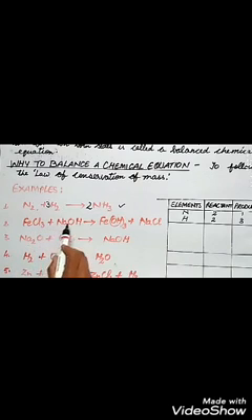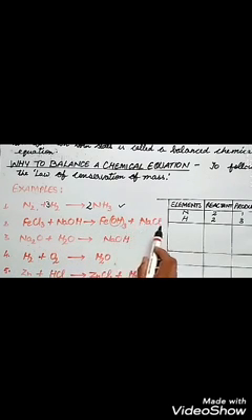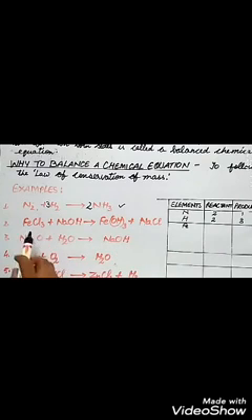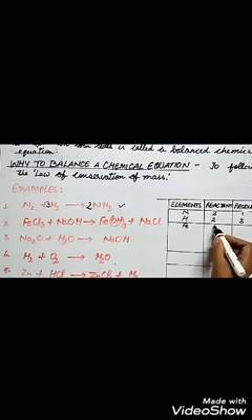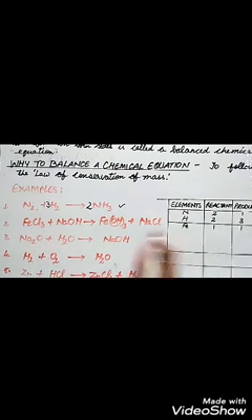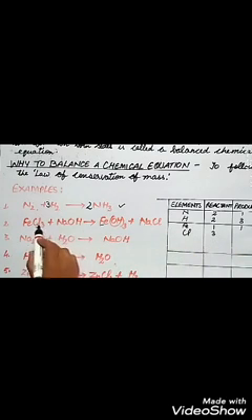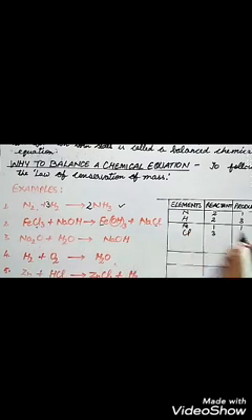FeCl3 plus NaOH gives Fe(OH)3 plus NaCl. Again, check the number of atoms of each element. Iron on the reactant side is 1, on the product side also 1, so it is balanced. Chlorine on the reactant side you have 3 chlorine atoms, it is Cl3, but on the product side you have only 1 chlorine.